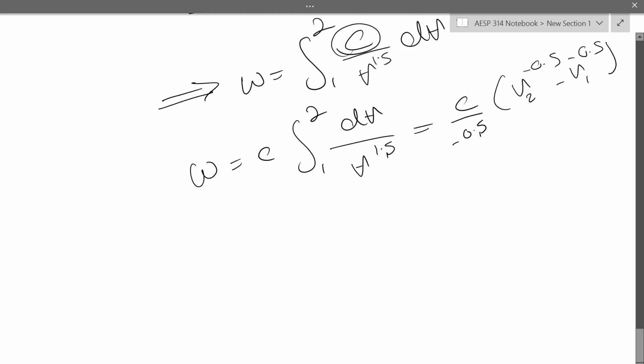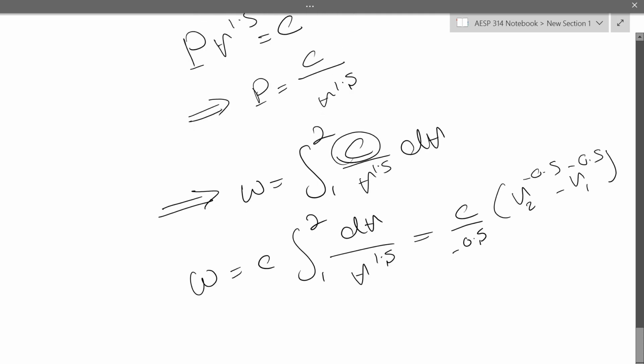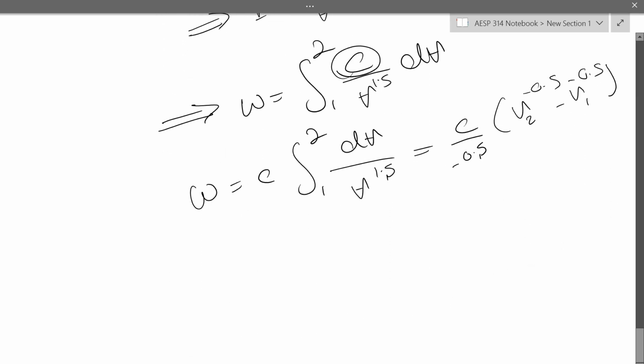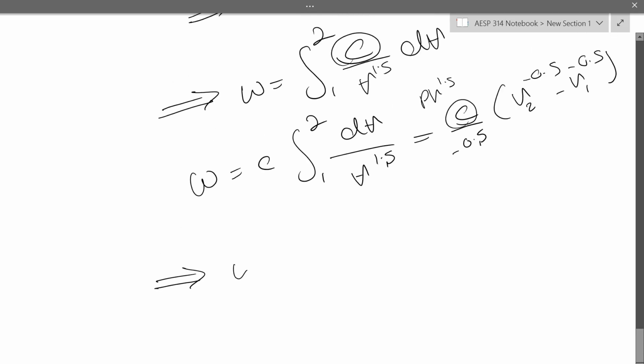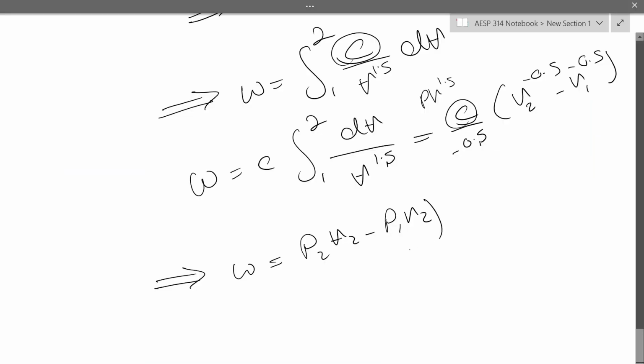And from this equation, we also know that PV to the power 1.5 is equal to this constant. So you just plug that in for C, and your W is going to be equal to P2 V2 minus P1 V1, all of this multiplied by 1 divided by negative 0.5.